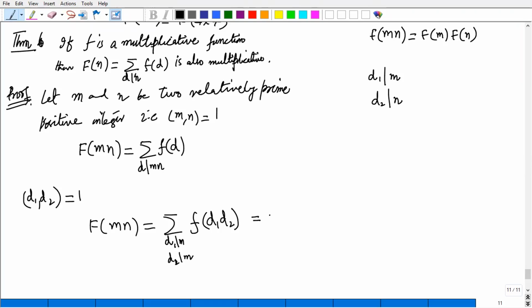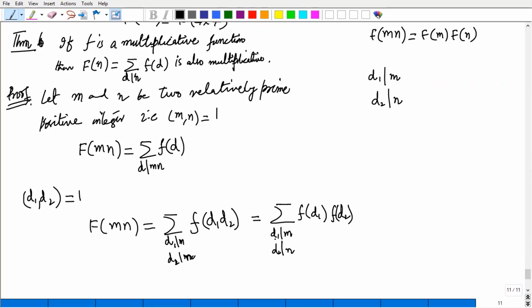So we know that d1 and d2 are relatively prime, and f is a multiplicative function. So f(d1 d2) can be written as f(d1) times f(d2).